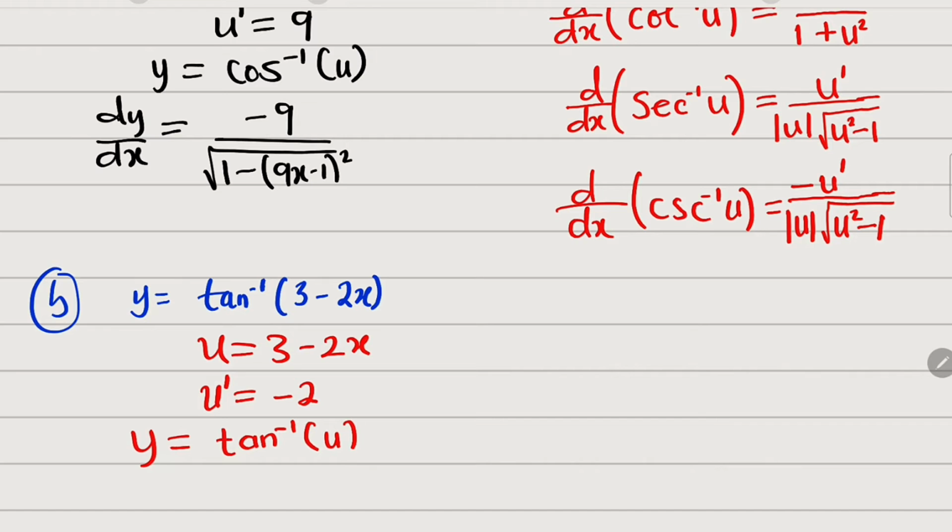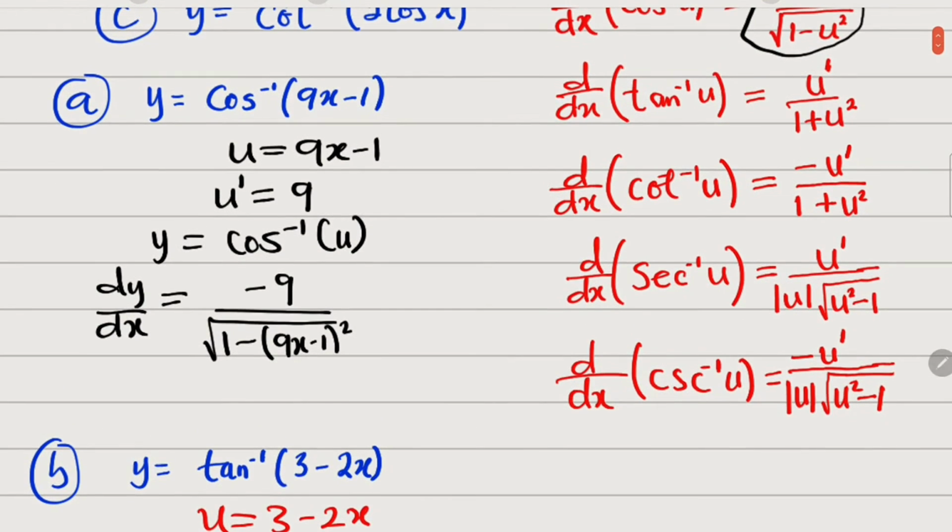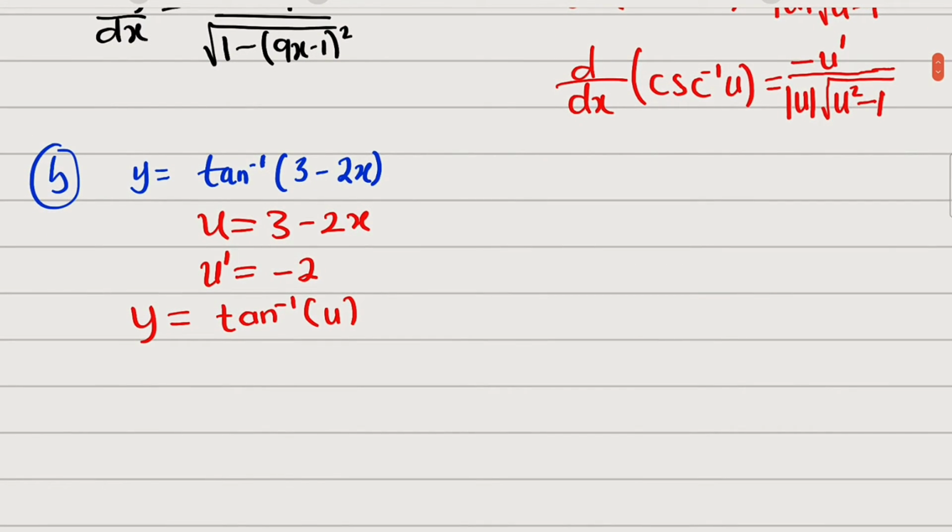Which formula are we going to use now? We are going to use this formula right here. That is u prime divided by 1 plus u squared if you have inverse tangent. So dy over dx will be equal to u prime divided by 1 plus u squared.